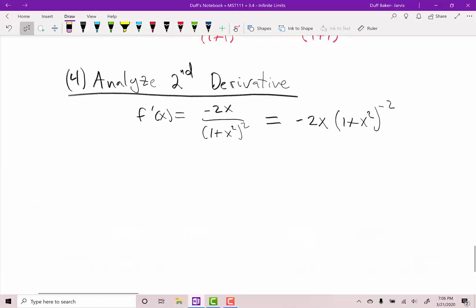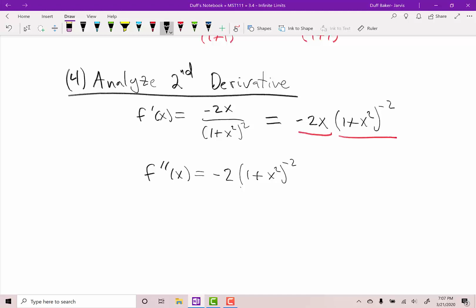Okay, so if we do that, then f double prime, the second derivative, will be, so we have our two pieces here. It'll be the derivative of the first bit, so it'll just be minus 2 times the second part as it is, plus the other way around.